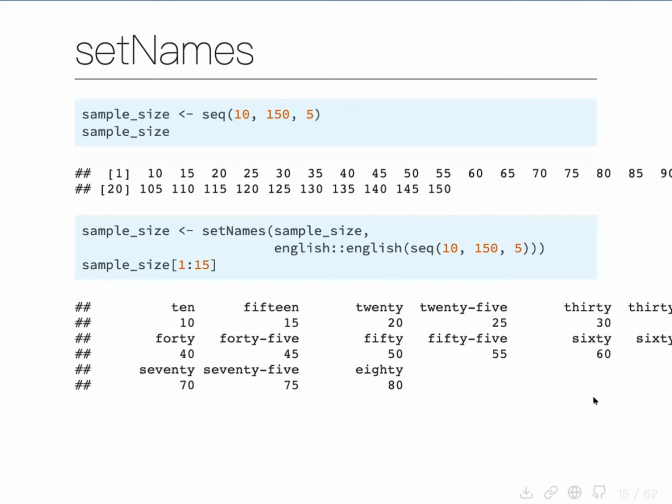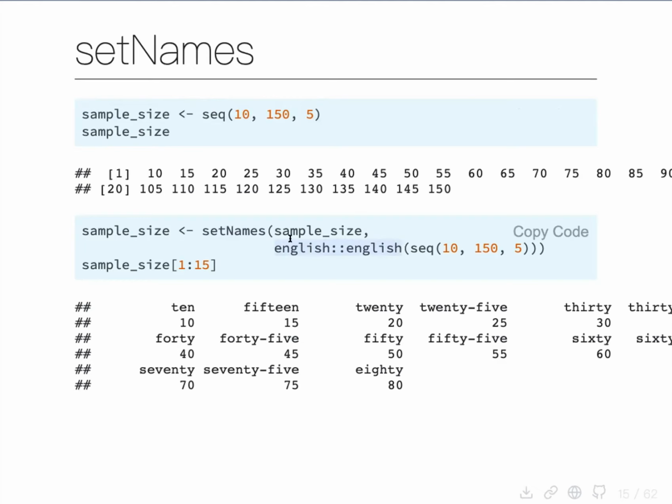What we can do is maybe we want to actually set the names. So here's my sample size. It's a sequence from 10 to 150 by 5, and it looks like this. And then here, I'm going to set the names of that vector. I'm using this package called English, which is kind of fun. What it does is it takes a number and converts it to the word version of the number.